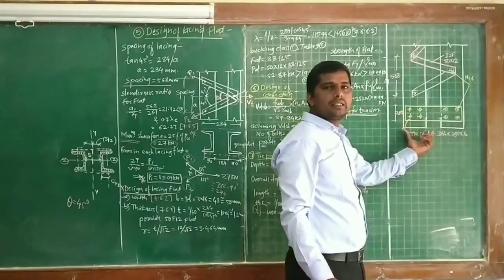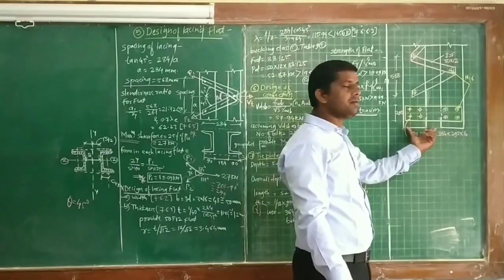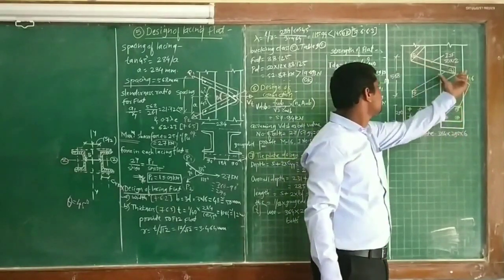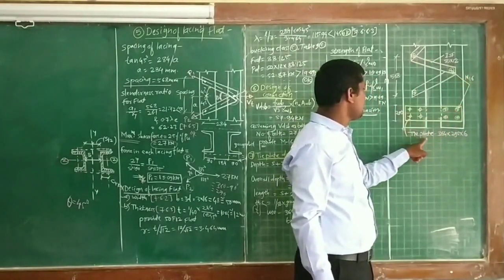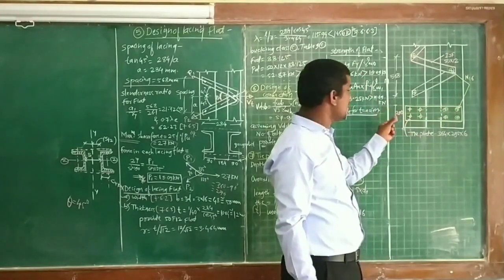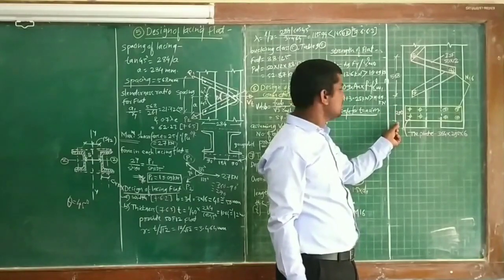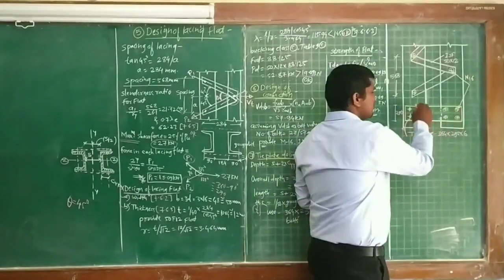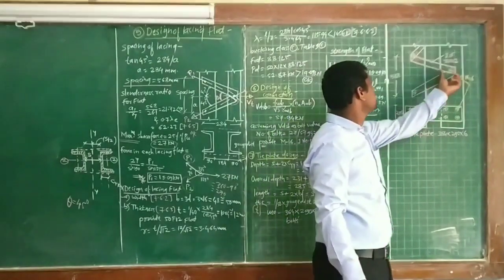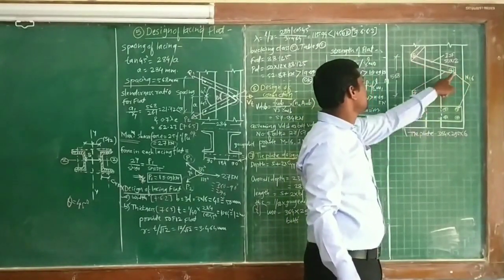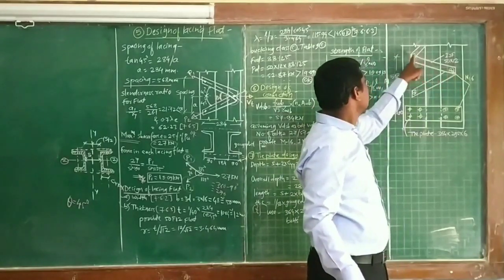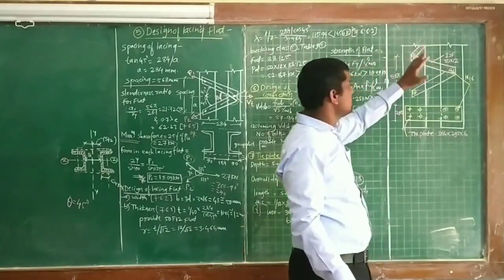This is a detailed specification of the diagram related to the design of the lacing column. This column we have shown, and this is the tie plate, with dimensions of length 364 mm, overall depth 290 mm, and thickness 6 mm. Then we make the connection using M16 grade bolts, and here we show the two lacings, joined by one M16 4.6 black bolt, and this is a continuous diagram.